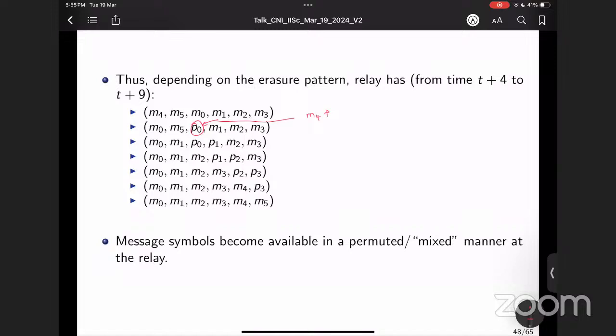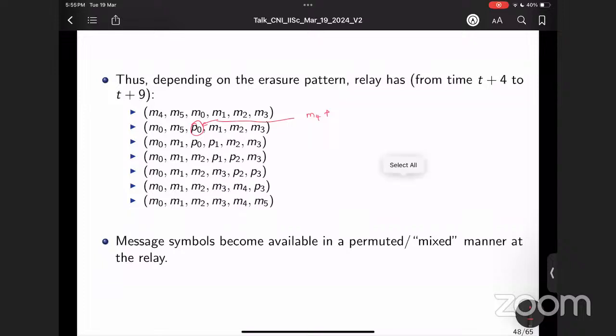Moreover, there'll be a permutation also happening because M0, M1, M2, M3 are not coming in order. Here, for example, M0 is coming, then M5, then P0, then M1, then M2, then M3. So all these things can happen. Message symbols will become available at the relay in a permuted or mixed manner because of the erasures happening in the first link.